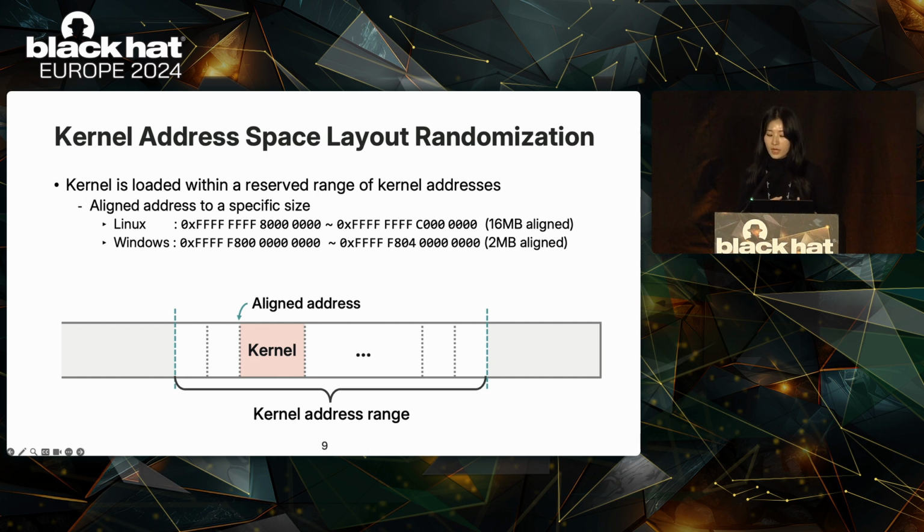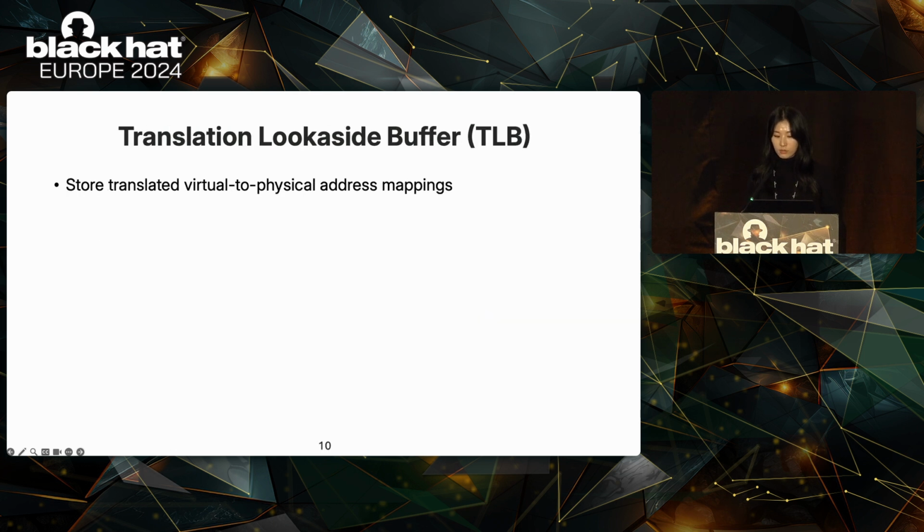So if we want to locate the kernel, we can systematically validate these aligned addresses within reserved ranges to infer the exact location. And microarchitectural side channel attacks targeting KASLR often use this approach to determine the kernel's location. These attacks typically leverage the TLB, or translation lookaside buffer, to carry out their operation.